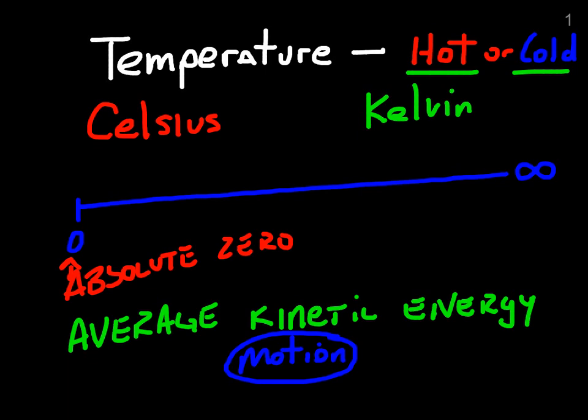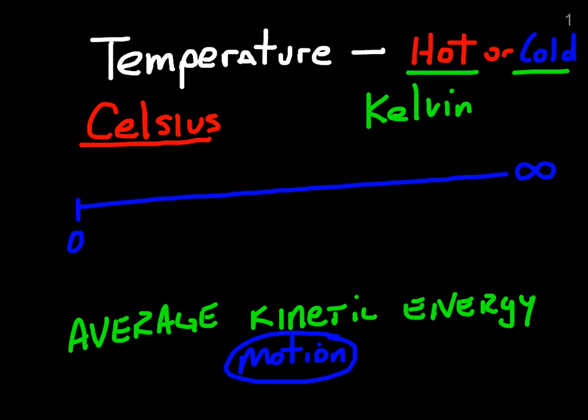So how do these two scales work? If I look at the Celsius scale, there are a couple of places that we're pretty familiar with. Let me do Celsius in red, above here. At 0 degrees Celsius, if we're talking about water, it's going to be ice.